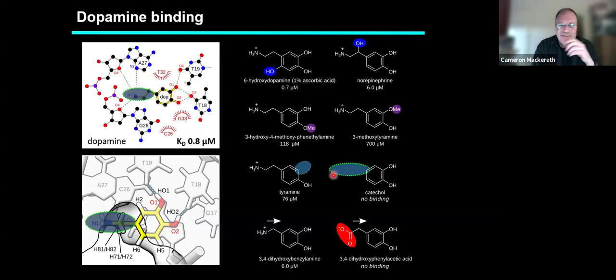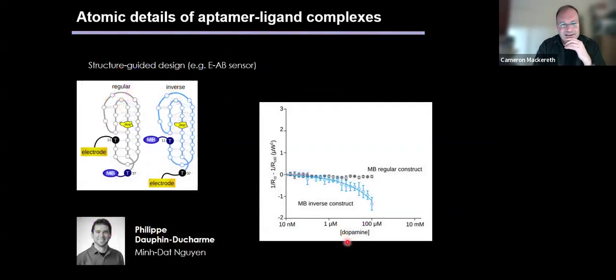So you may think that part's not important, but without that positive charge interacting with the sugar and base, but clearly also ionically with the phosphate backbone, it doesn't bind. And you can also shorten the aliphatic amine a bit, and it binds somewhat weaker. And maybe this is clear, but if you change the amine to a carboxylate group, so changing the charge, there's no binding at all. So all of this nicely makes sense.